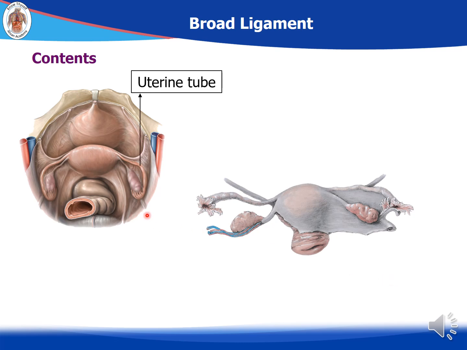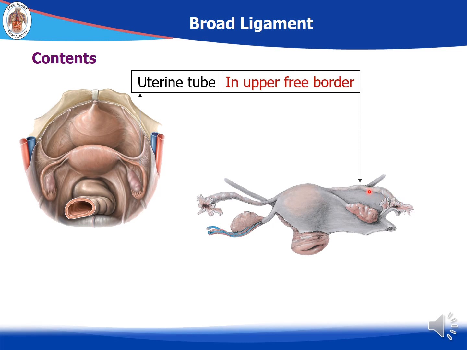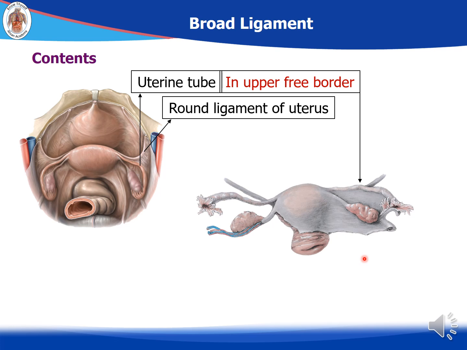So this broad ligament, you see, contains the uterine tube at its upper limit. This is the uterine tube and it is in the upper border. And the round ligament of the uterus runs from the corner. This one is the round ligament of the uterus. This is the ligament of the ovary connecting it with the uterus.